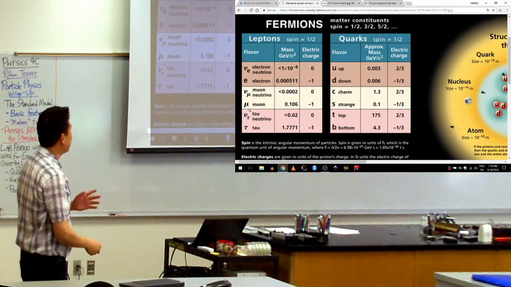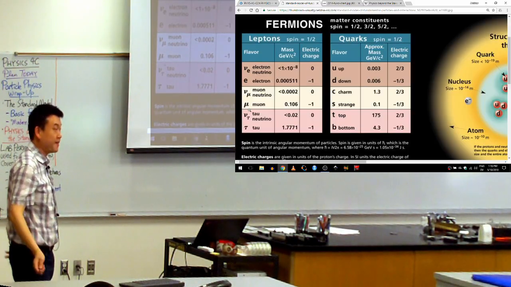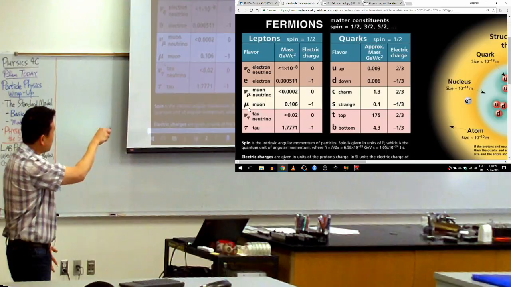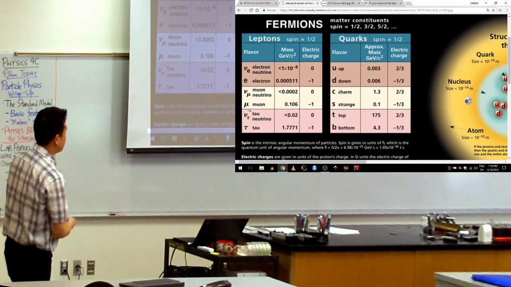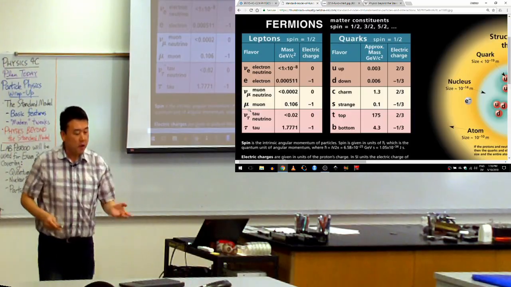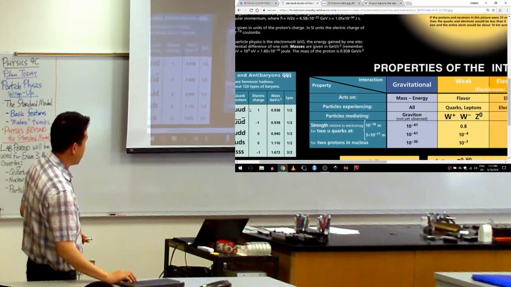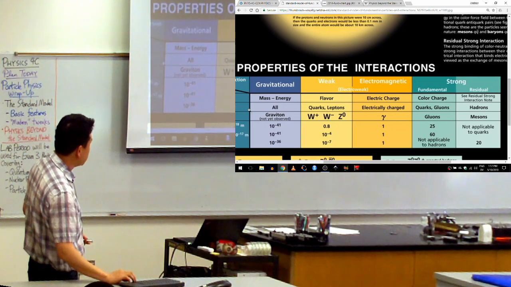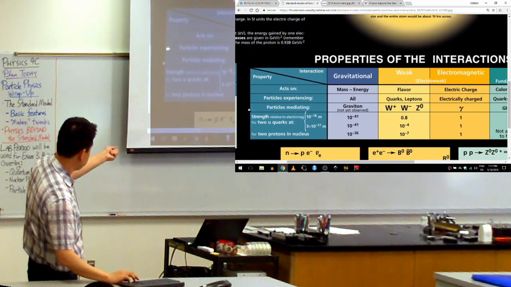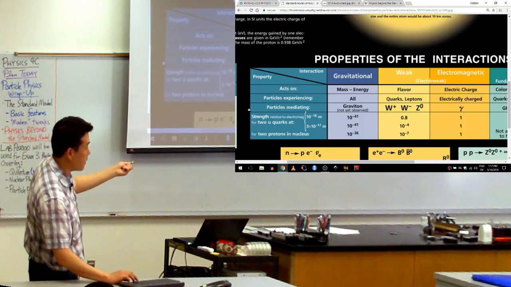Lepton is more of a historical name now. It used to mean that it's light, but today what defines a lepton isn't that it's light, because if that were the case, then the tau, quote unquote, lepton couldn't be a lepton. The really defining feature of a lepton has to do with the interaction. The second row is the particles experiencing these 4 types of interactions.